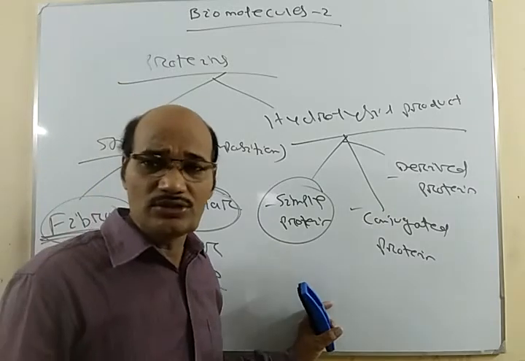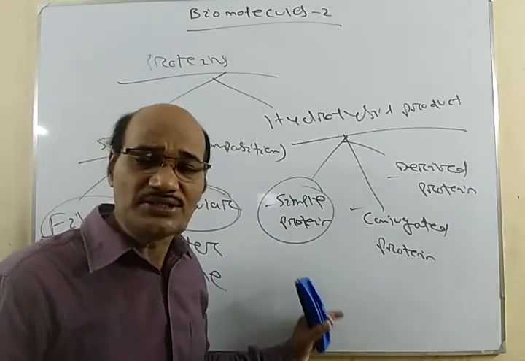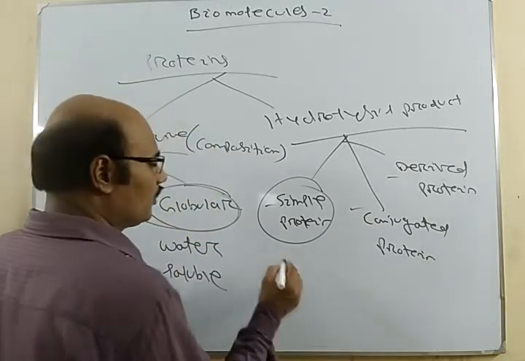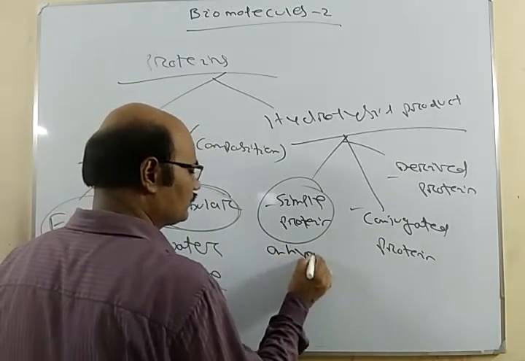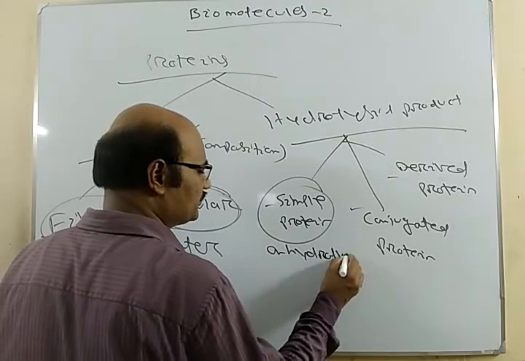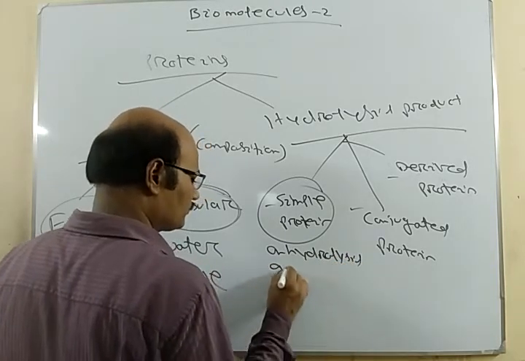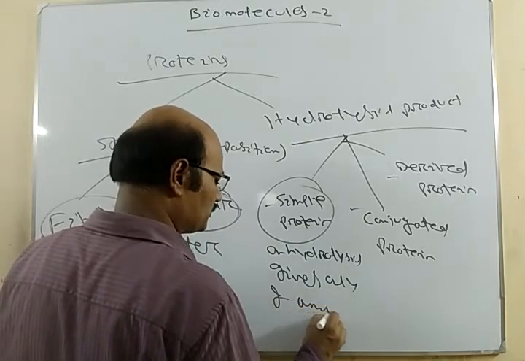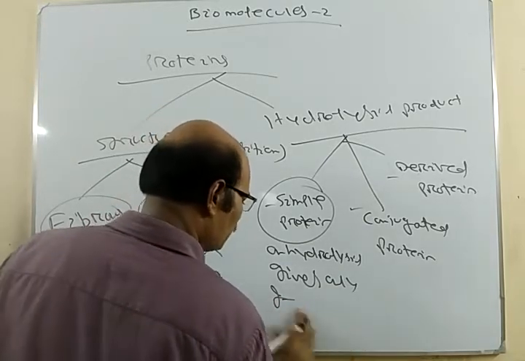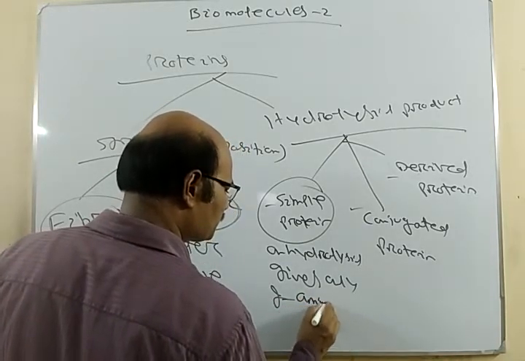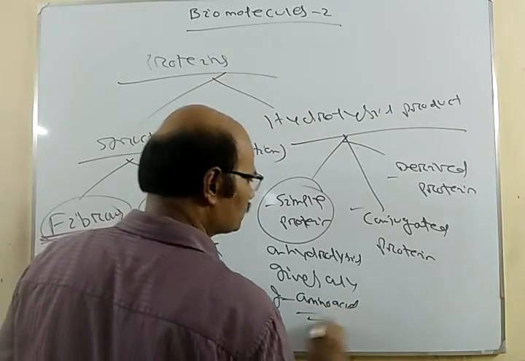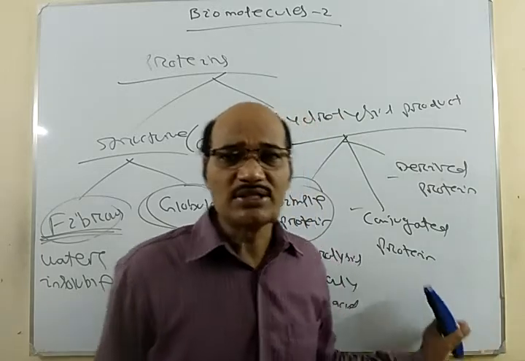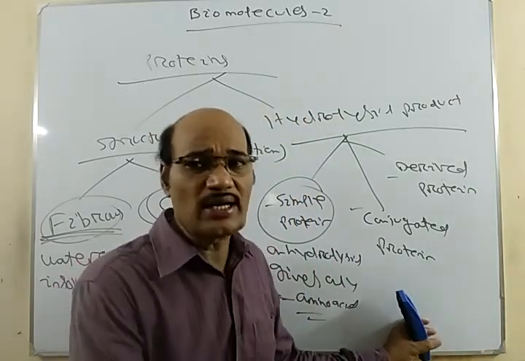Now simple proteins are those which on hydrolysis give you only alpha amino acids. And conjugated proteins are those which contain two kinds of things.